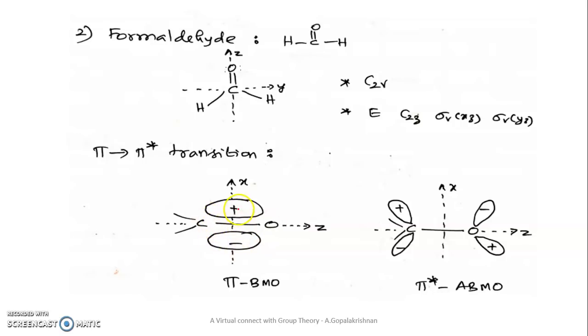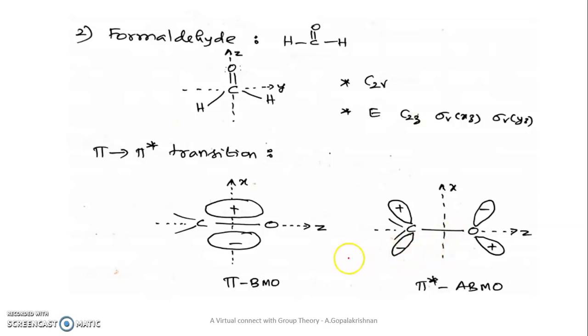This one has a positive sign, this one has a negative sign. You know very well, positive and negative are not charges; they indicate the sign of the wave functions. And this is the pi star orbital of the carbonyl group.